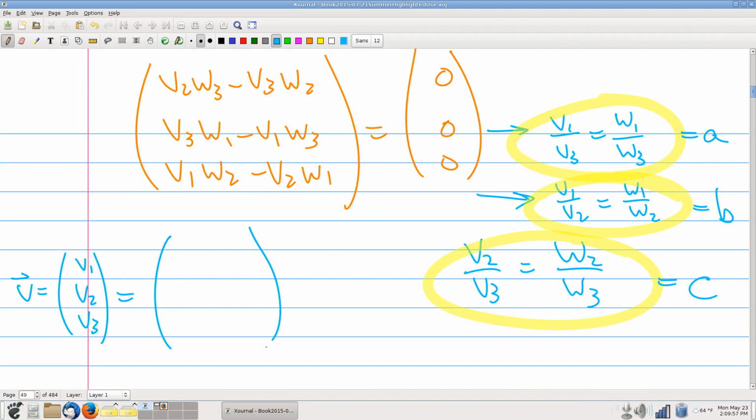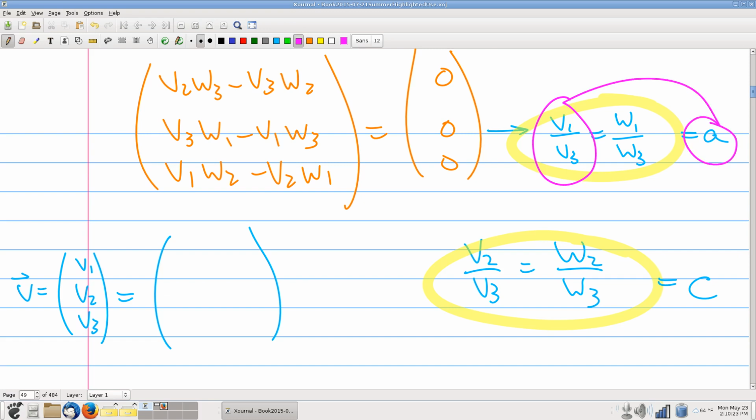There are 3 different ways I could go about this. I'm going to take advantage of the fact that there are W3s and V3s in these denominators, and use that to rewrite V1 as A V3.